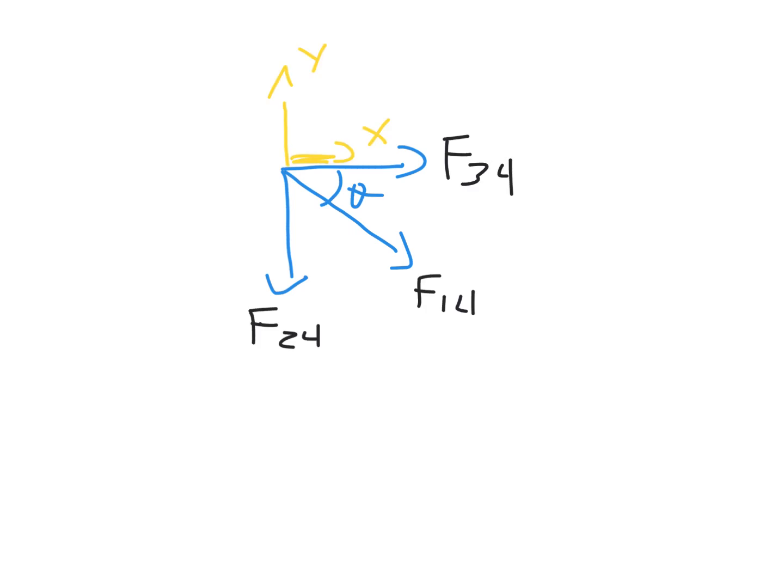So I have three different forces here, F34, F14, and F24. I've got their magnitudes, which I've calculated with Coulomb's law. I've got their directions, which I've determined from the picture and from the geometry. And so now, what do we do? I do vector addition.